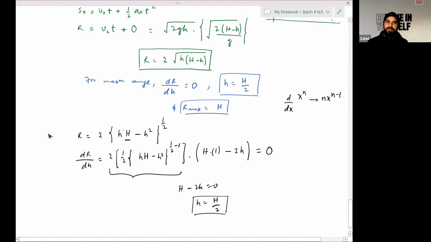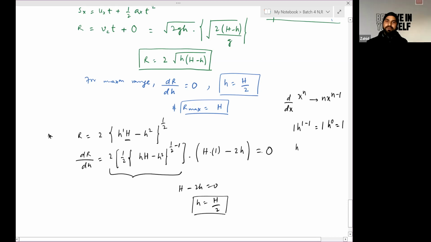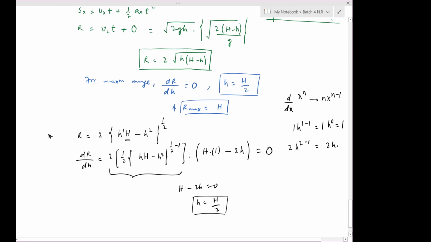This small h is variable, having exponent 1, so we can write 1 times h to the power 1 minus 1, which is h to the power 0, which is just 1. Got it, sir. Similarly, in the second part, when we have h square, we can write 2h to the power 2 minus 1, so it will be just 2h. Is it clear? Yes, sir.